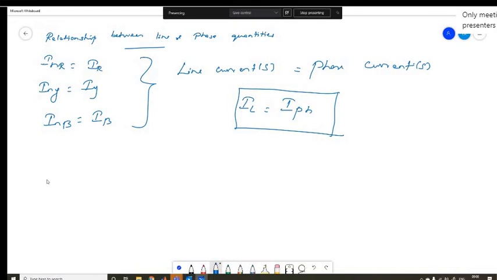Now let us derive the relationship between line voltage and phase voltage. For that you can apply KVL. To make it easy for you, I will draw this diagram here again.